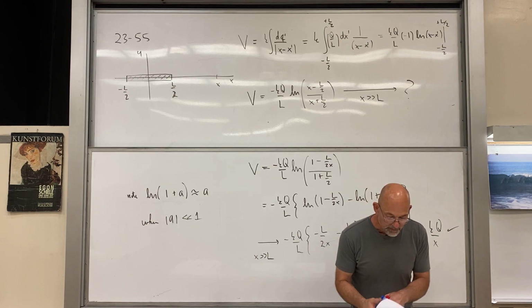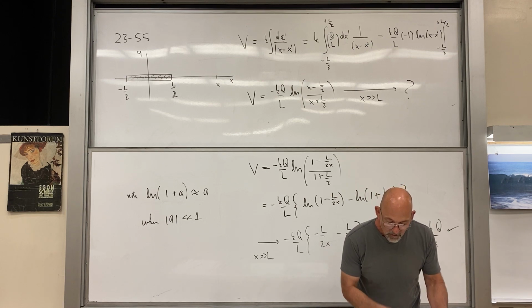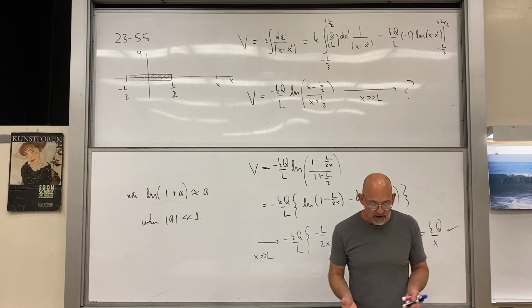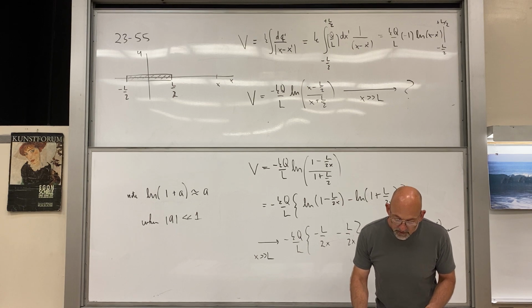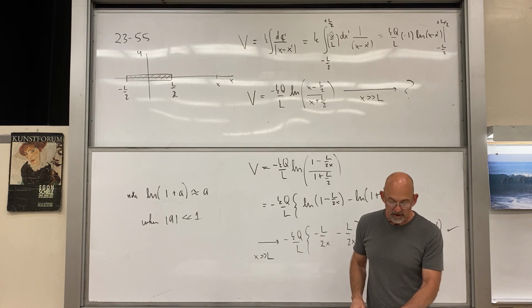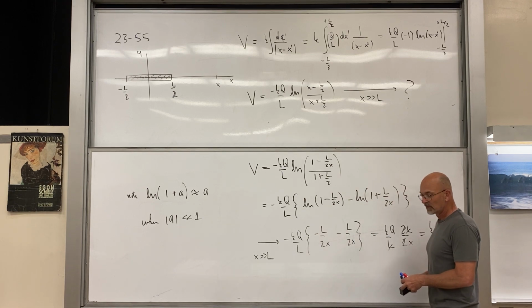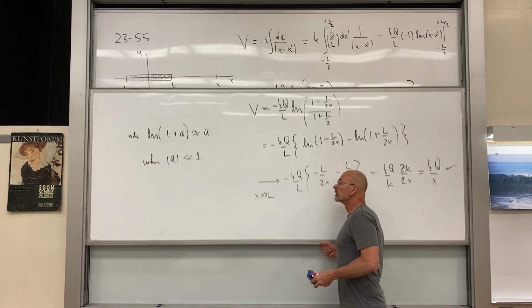Okay, that was chapter 23. So now we're in chapter 24. Actually, somebody wanted 2441. Let's go ahead and talk about it. In fact, it's good. 24, 41, and 49, they kind of go together. 41 is just some definitions.